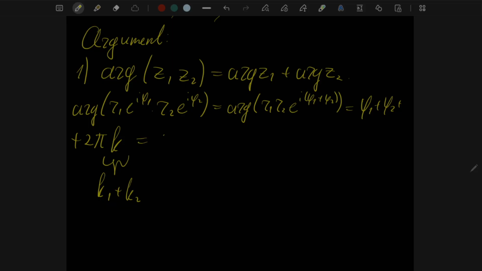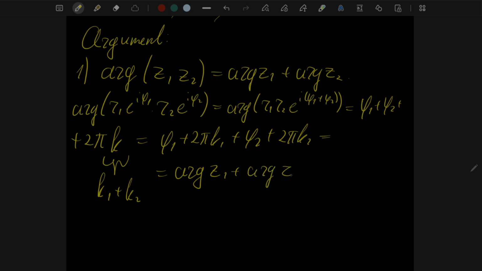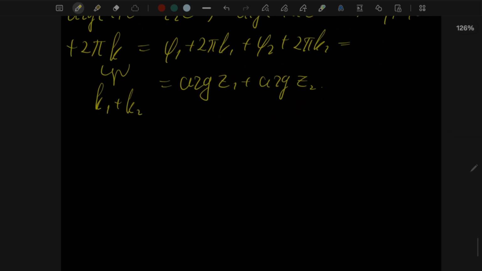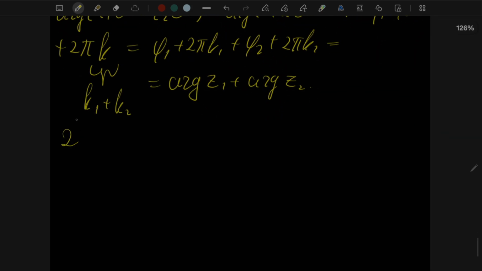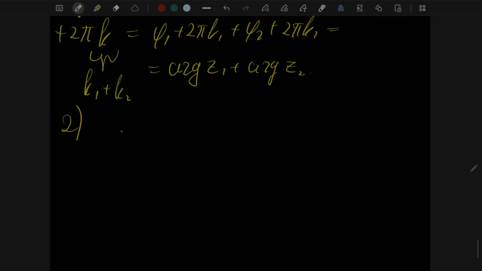Then we can write it as phi1 plus 2 pi k1 plus phi2 plus 2 pi k2, which are basically the argument of z1 plus argument of z2. Isn't this incredible?